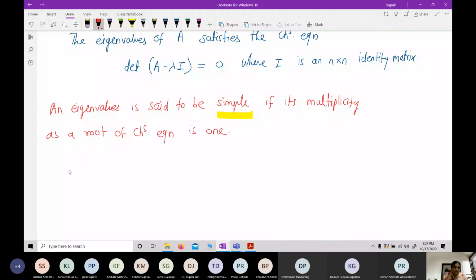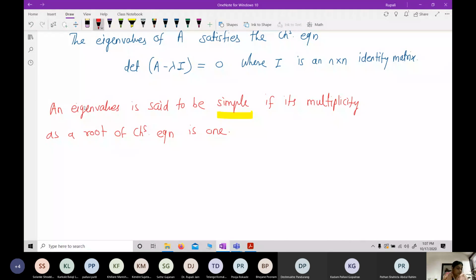Eigenvalues may be repeated, may be all distinct, or may be complex values also, real or complex, it depends. So lambda may be a complex number.